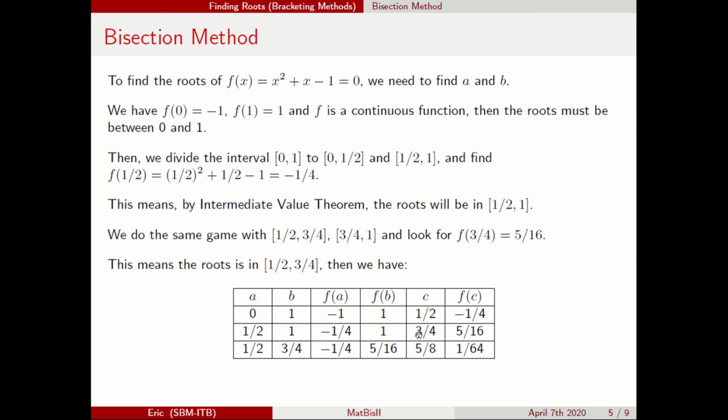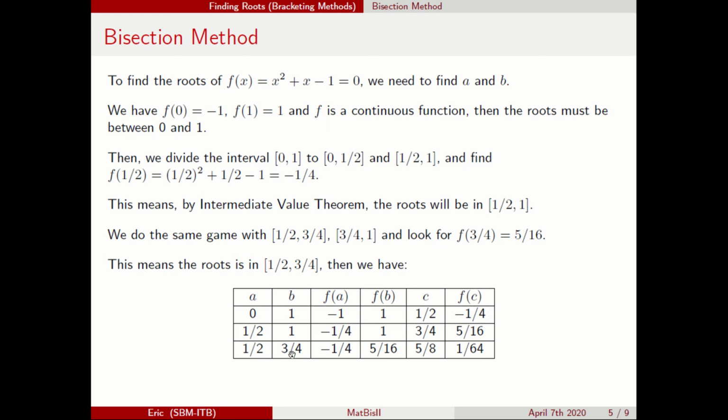So you can play the same game for A and C: find the middle point, and find FA, FB, FC. Now, where will the location of the root be in the next iteration, between A and C or C and B?